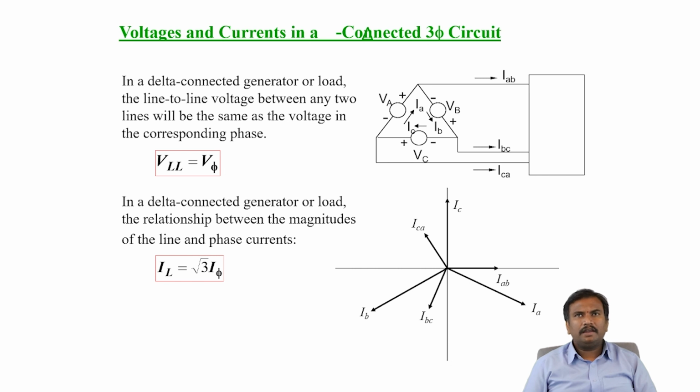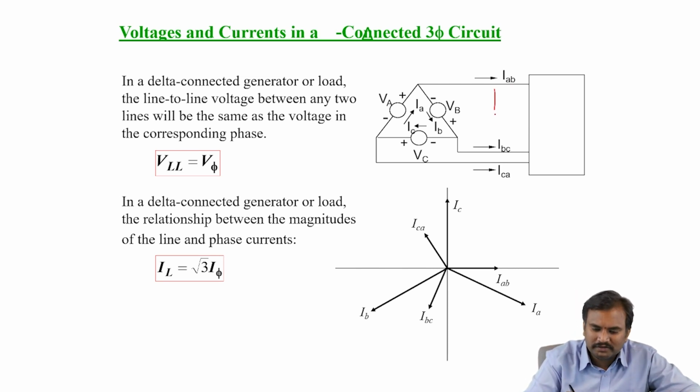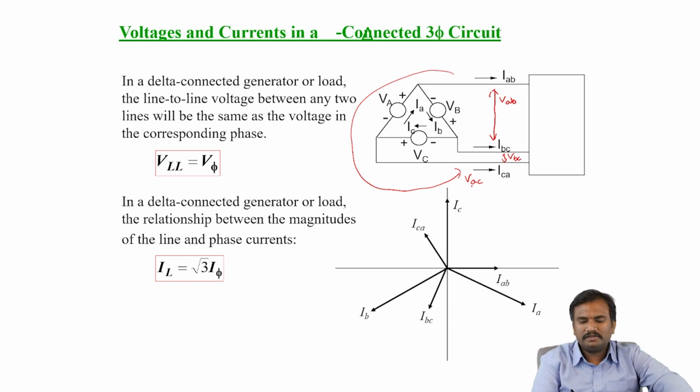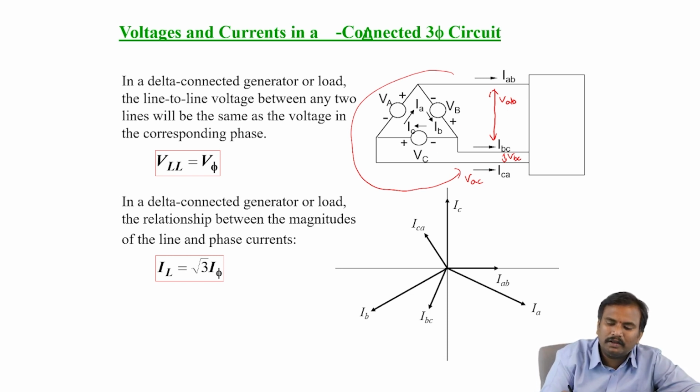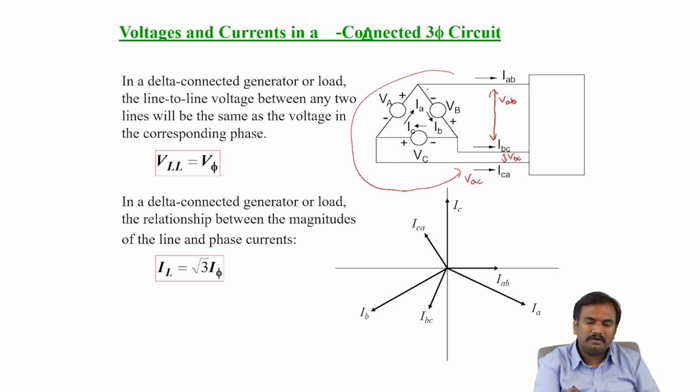Now the delta connected three phase circuit. Here this is the voltage VAB, this is the voltage VBC, and this is the voltage VAC. These voltages are directly connected to the lines, because if you see the circuit, VAB is connected between the terminals.